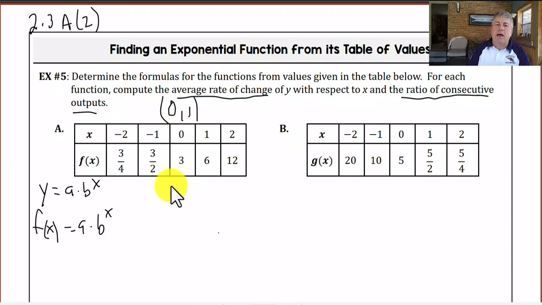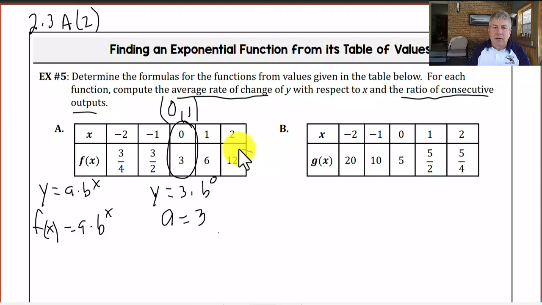So we're going to have something to the effect of y equals 3 times b to the 0 power, because that's going to be 1. 1 times 3 is 3, and our output is 3. So we have just figured out that (0, 3), that y-intercept, gives us an a value of 3.